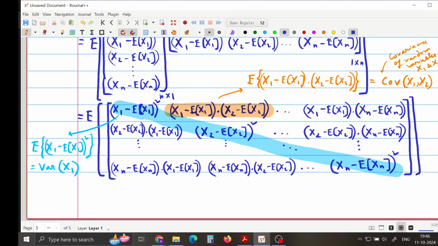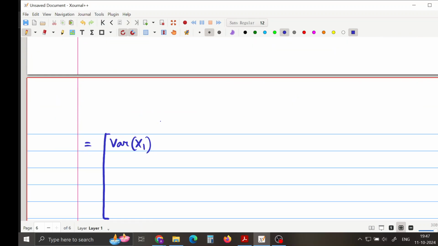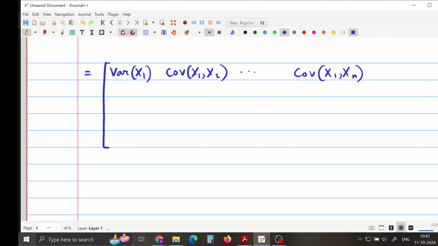So what you will get ultimately, if you take expectation inside, is the variance of x1, and for the off diagonal elements you will get the covariance terms, all the way till covariance of x1 comma xn, right?